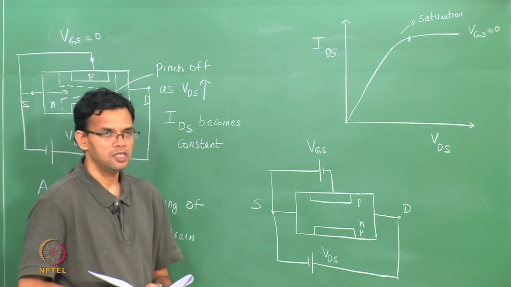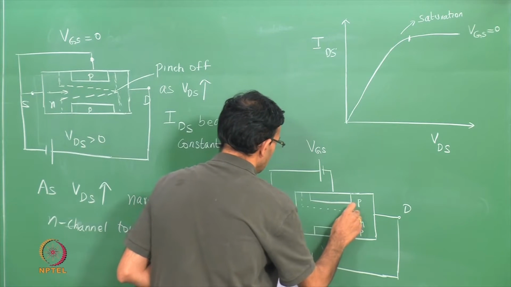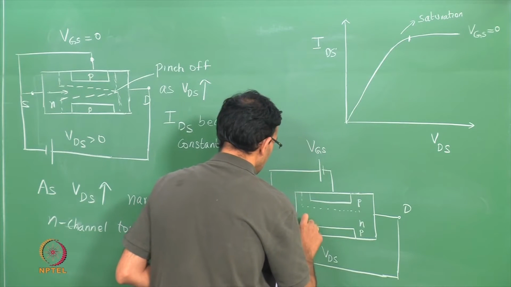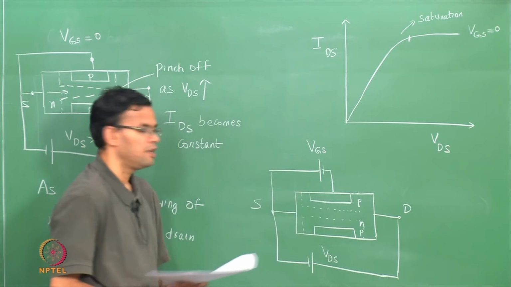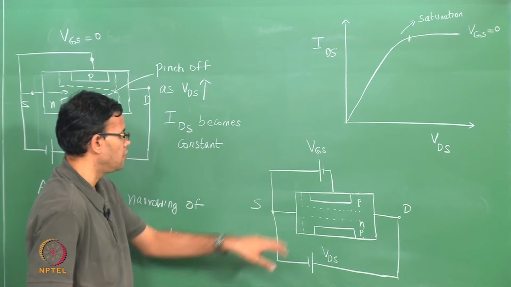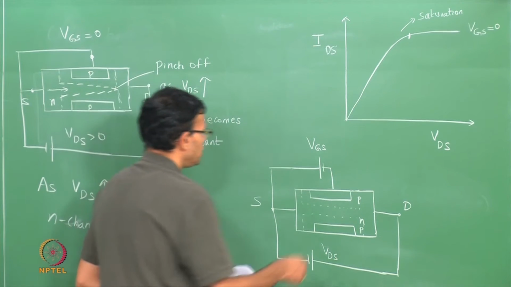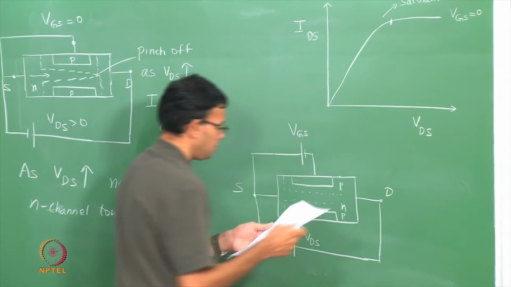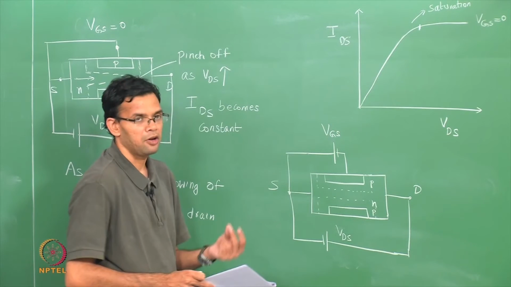So when we do this, you again have a depletion region, but if you look at the gate and the source, the gate is reverse biased with respect to the source, so that the depletion region is larger, or in other words the channel is narrower.